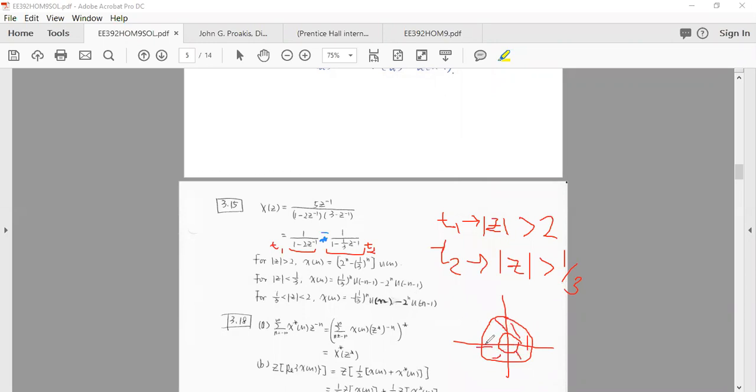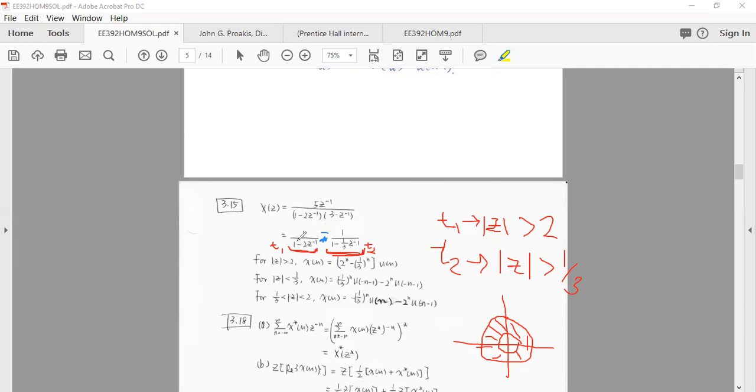In that case, we have the anti-causal signal of this particular term, and it falls on the outside of this inner circle, so that is the causal signal of the other term. It is a combination of the anti-causal of one term and the causal signal of the other.